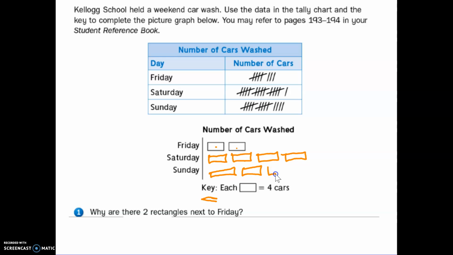That's 8. Another rectangle is 12. But I only have 14 cars. So how would I represent that? Well, I would need 2 more cars. So I don't need a full rectangle. I would need a half of a rectangle. And there is my 14 cars.